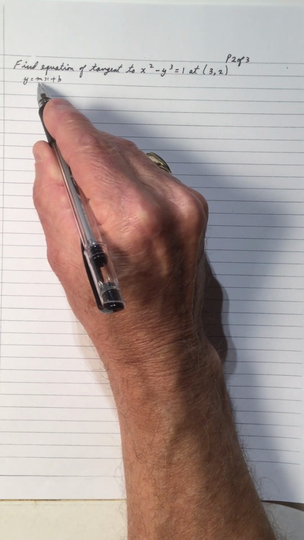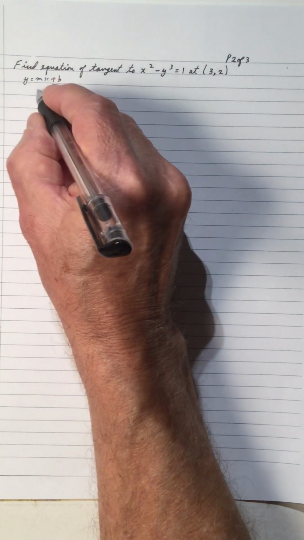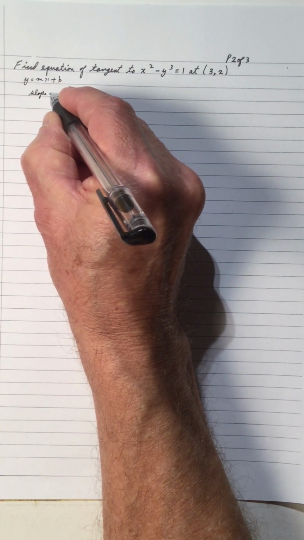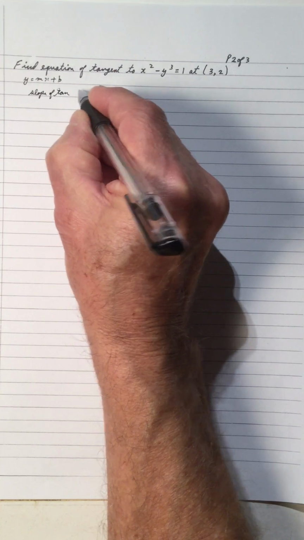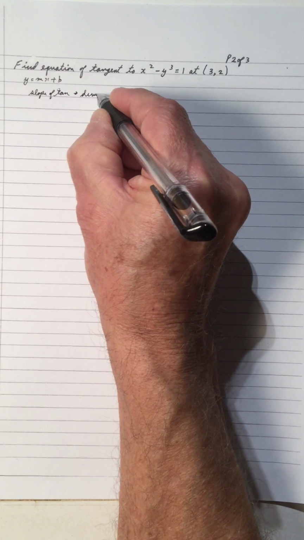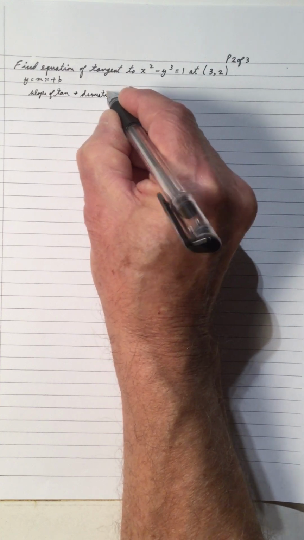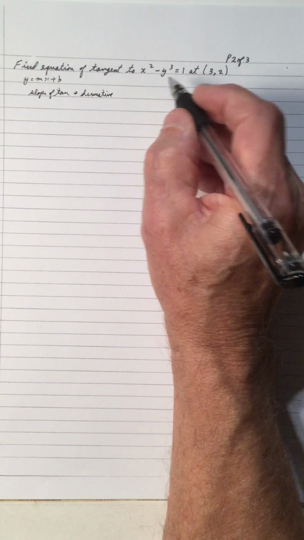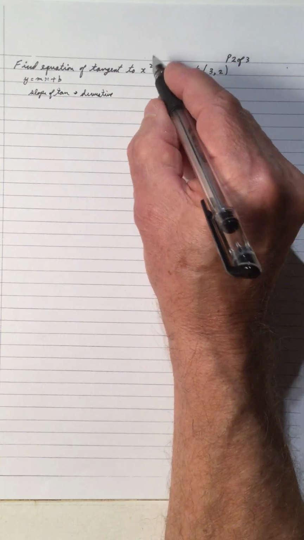I need the slope, and the slope of the tangent is the derivative at that point. So let's go and get the derivative, and I'm going to use implicit differentiation.